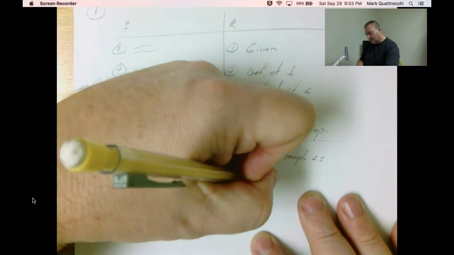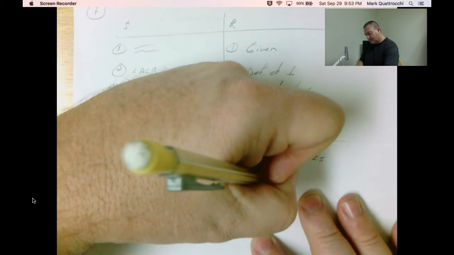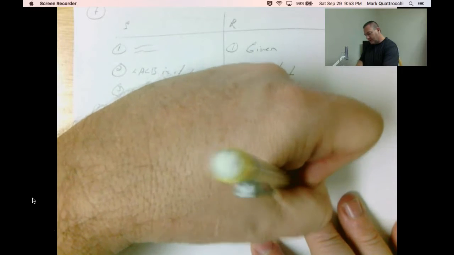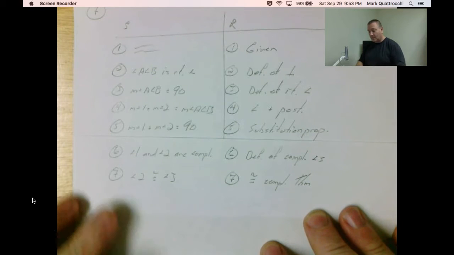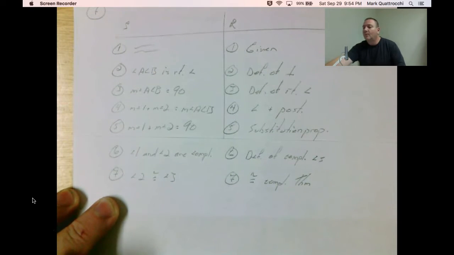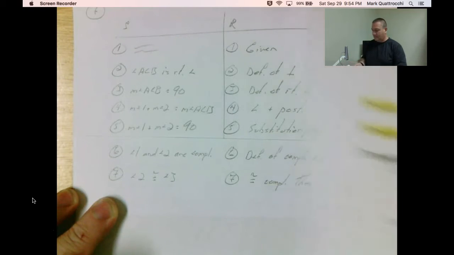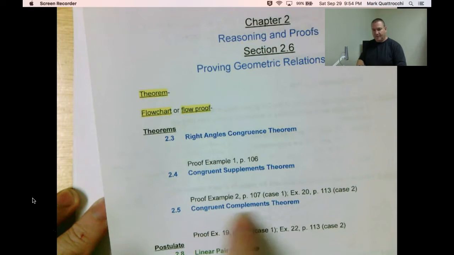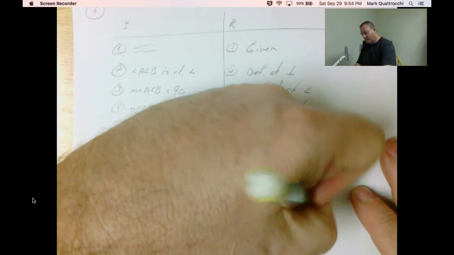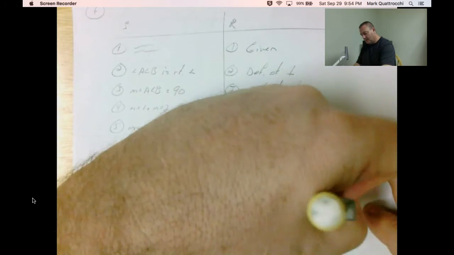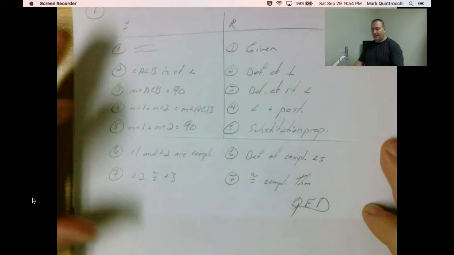Reason: congruent complements theorem, from way back here. Congruent complements theorem, Theorem 2.5. QED. Now, I didn't do it that way.